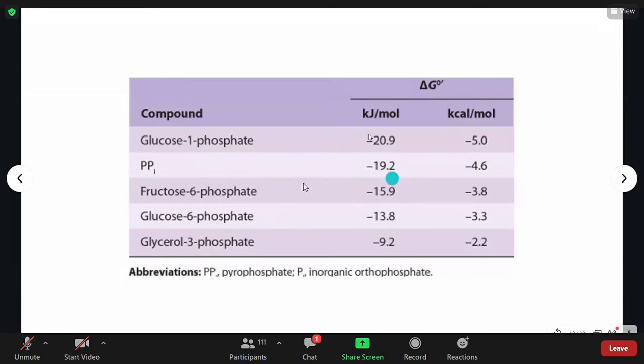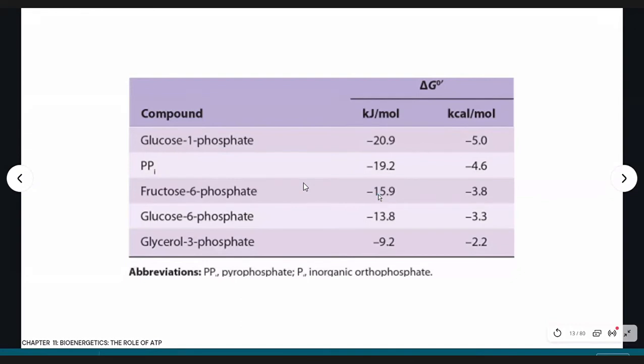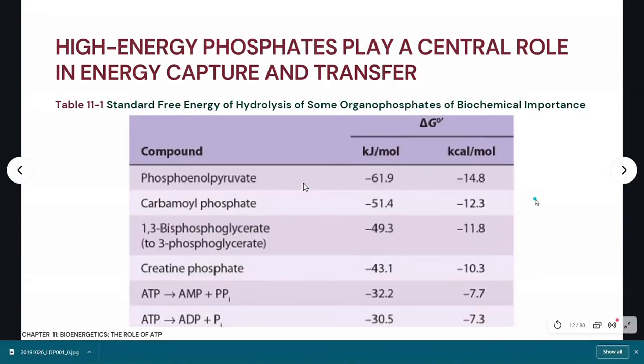These are low or high energy phosphates. So let's look at the high energy phosphates. Okay, so going back here, that's ADP. That's already one phosphate.